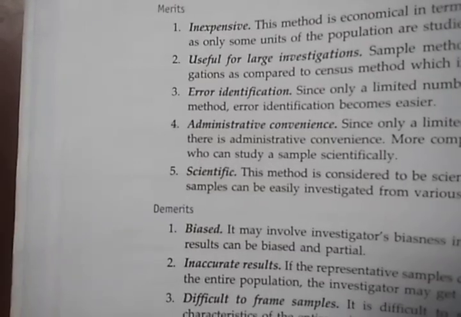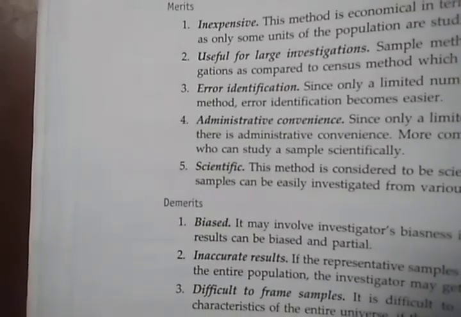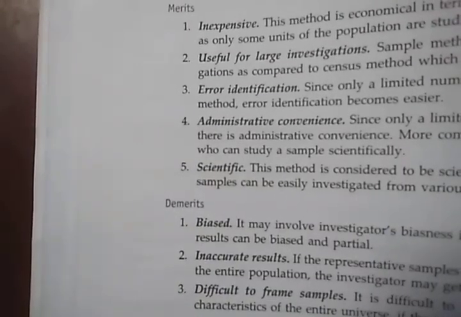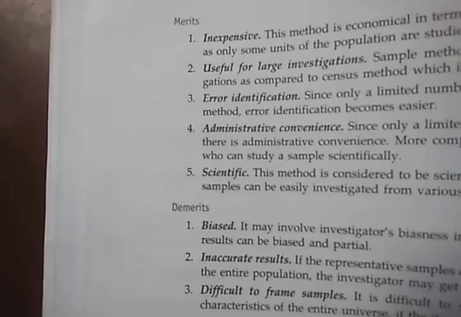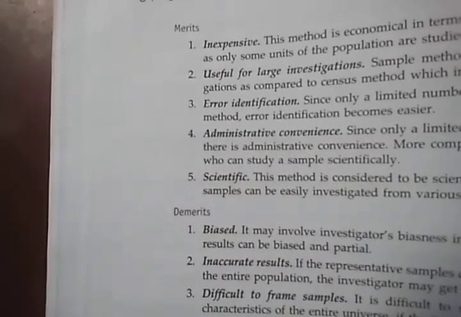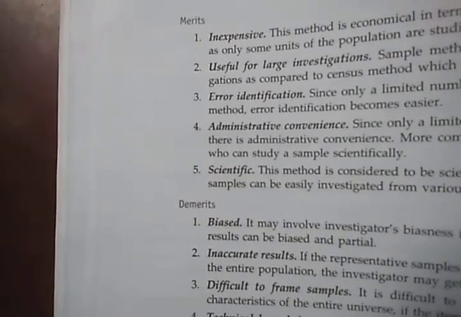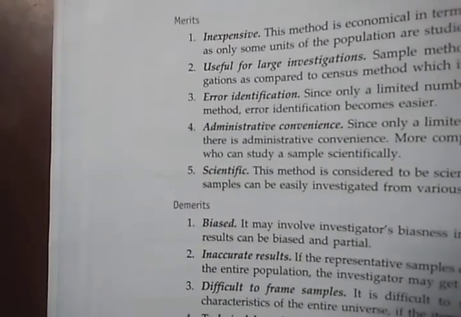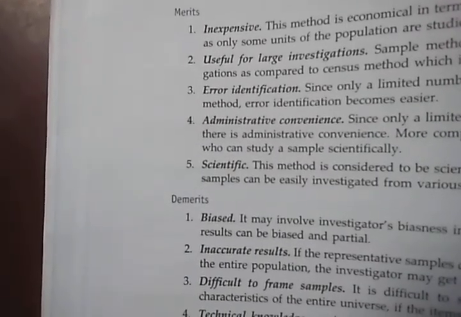Error identification. That means if we take the information in two types, it may be possible to find out the fault in the first procedure. And for error identification, some statistical formulas are required to find out what the errors are.